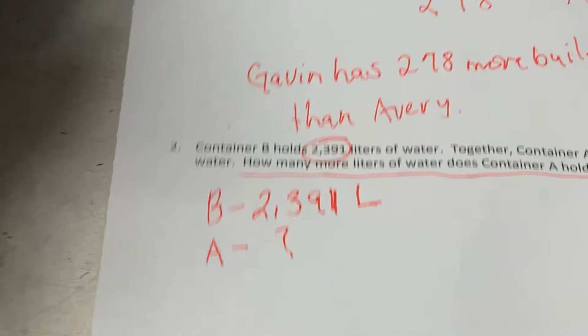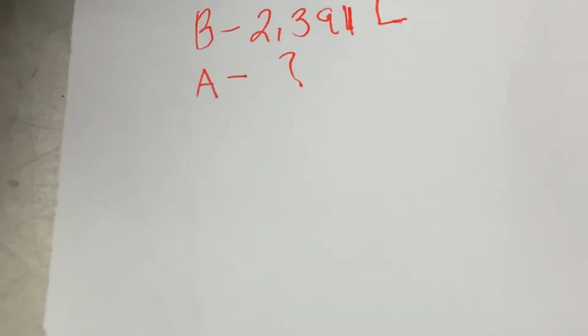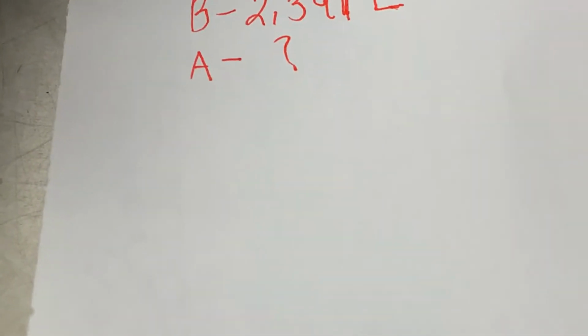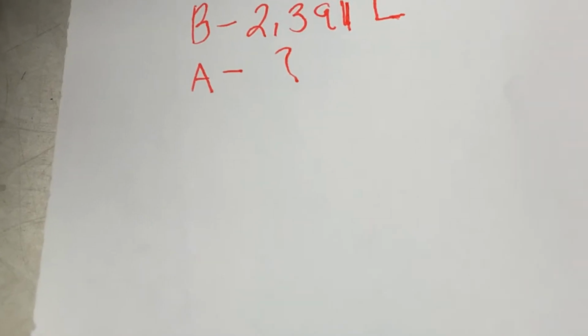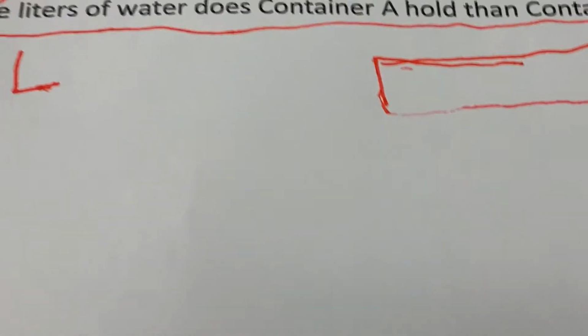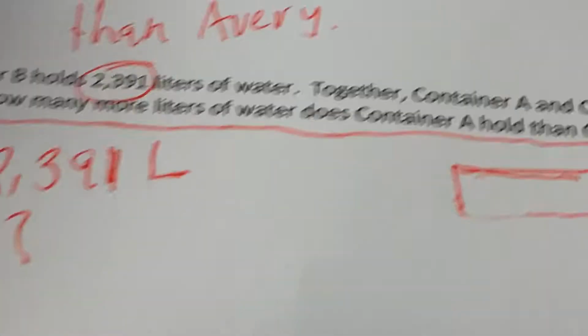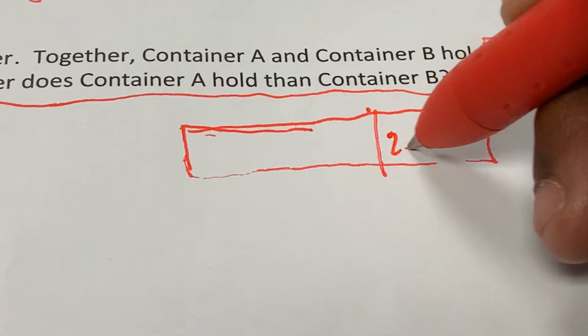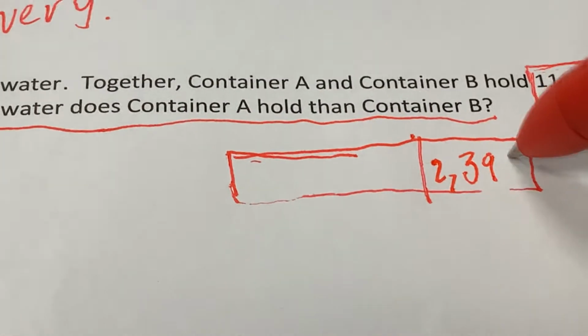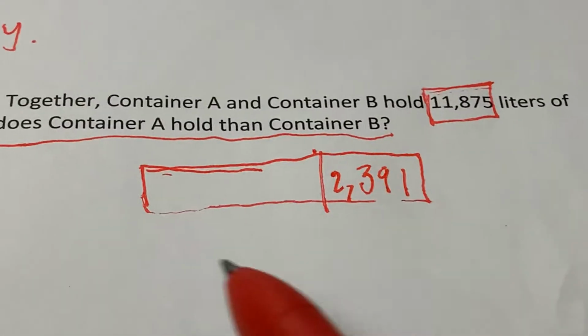Now, my tape diagram will look something like this. Remember, your tape diagram is your rectangle. All right. So in this rectangle, I know what container B holds. I know container B holds 2,391. Okay. I do not know what A holds.